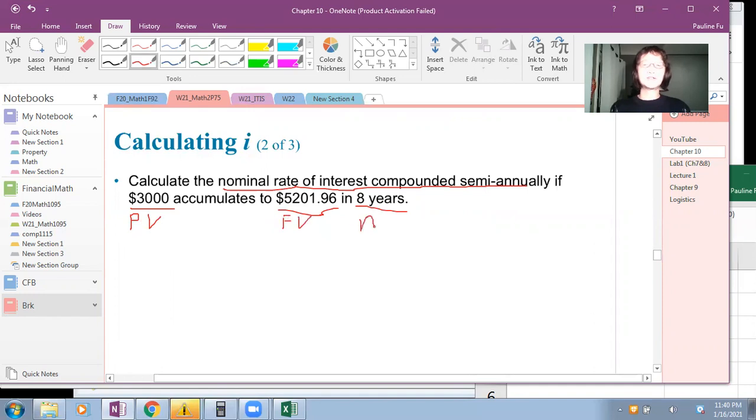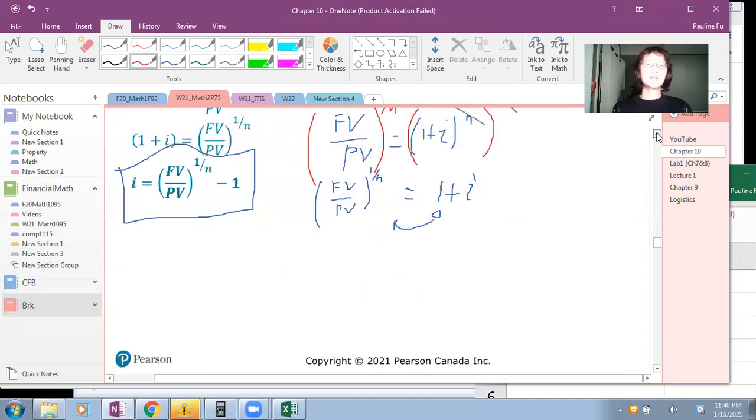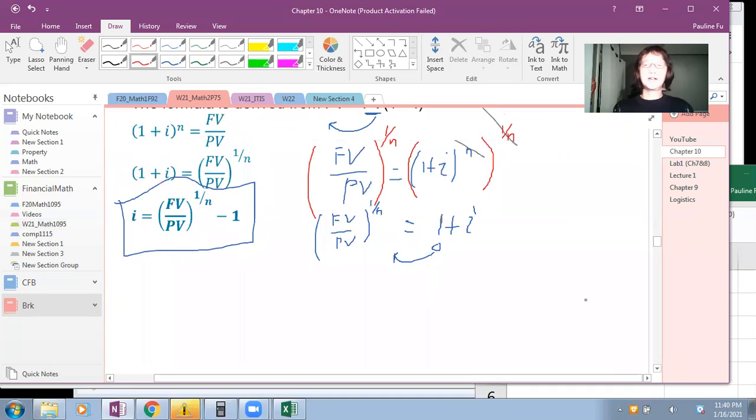In 8 years, n equal to 8 times 2. Why multiply by 2? Because it is compounded semi-annually, n equal to 16. So not 16 years, 16 half years. We have these three numbers, PV, FV, N, and then plug in the formula and solve for I.